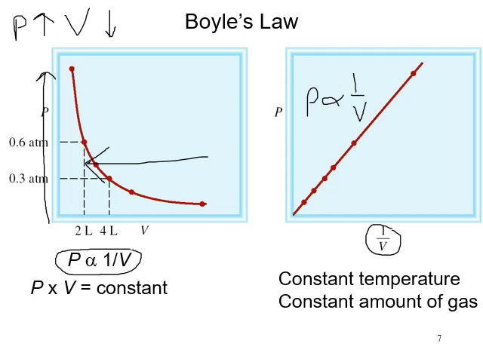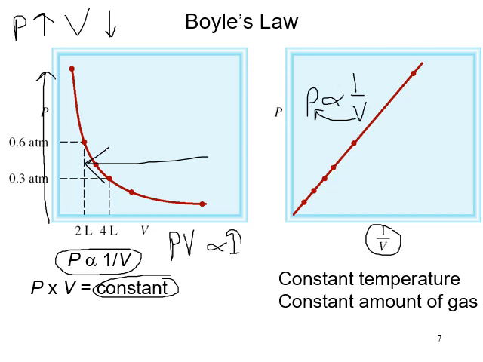Now your book talks about these constants. If you multiply both sides by volume, you want to make it equal to a constant, and that's what this constant is over here. It seems strange, but when we say a constant in mathematics, that usually means it's a number. It doesn't change, it doesn't have a variable.